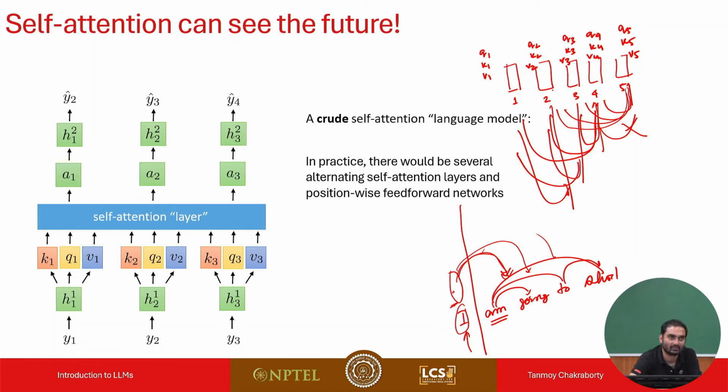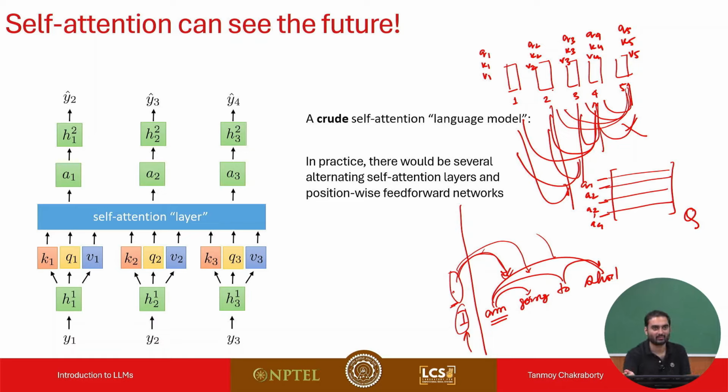Okay, how do we do this in practice? Now remember, in practice, we will not do vector operations, we'll basically do matrix operations. Meaning I have a matrix called the query matrix Q, where all the queries are present: Q1, Q2, Q3, Q4.